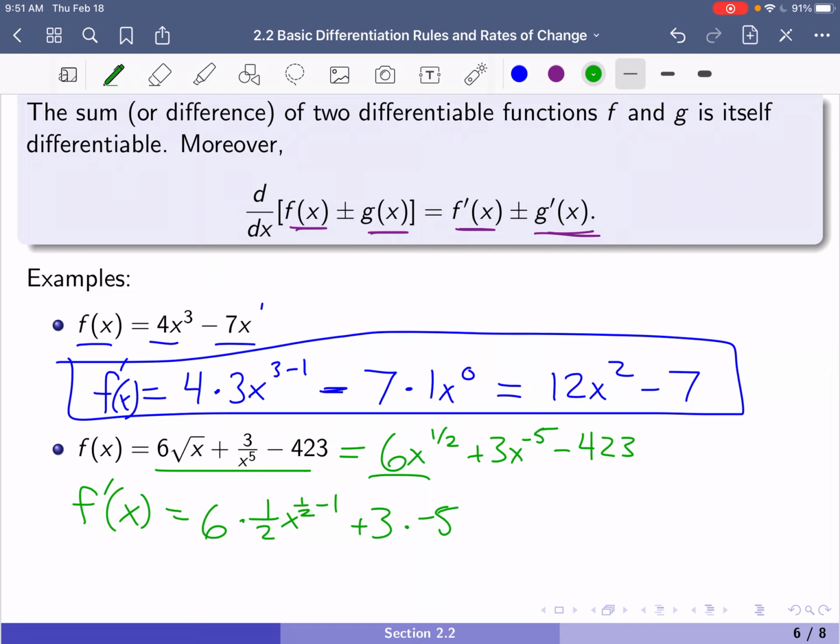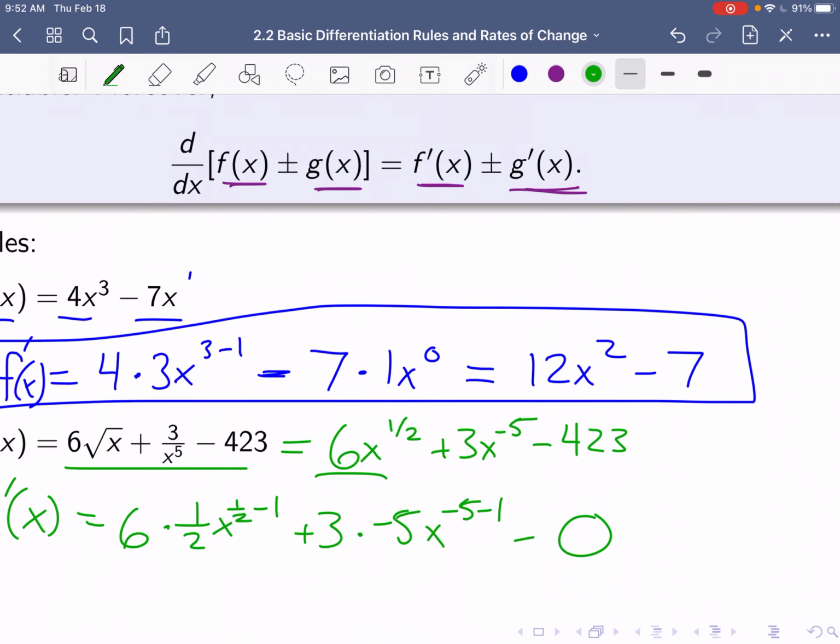We bring the power down. And then subtract 1 from the power. And then negative 423, that is a constant all by itself. And so when you take the derivative of that constant, it's just 0. Now, if it was a constant times some other function, it would be that constant times the derivative of the other function. But it's all by itself.